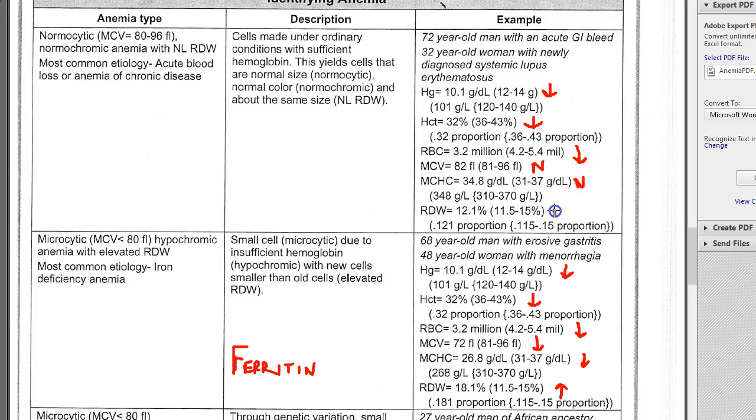RDW is typically going to be normal. Not all the time, but most of the time. So these are cells that are made under ordinary conditions with sufficient hemoglobin, which therefore is going to yield cells that are normal in size, normal in color, and they're all going to be about the same size.